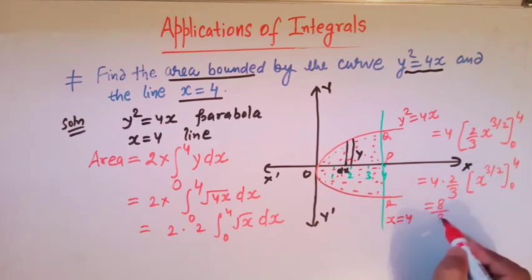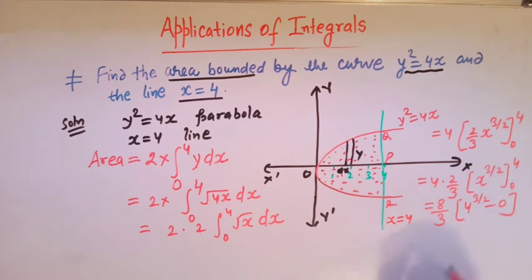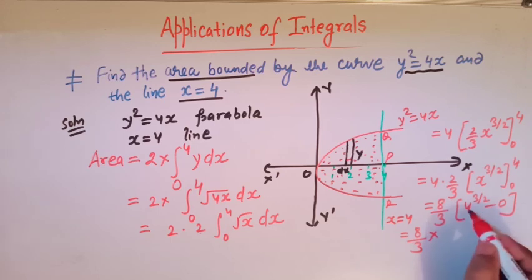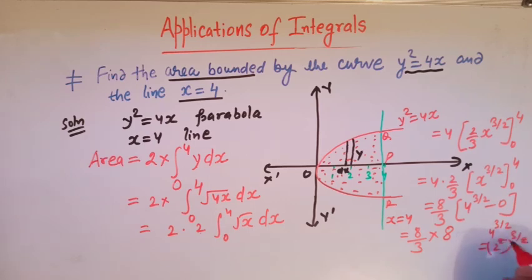This is 8 by 3, and we have 4 raised to 3 by 2 minus 0. Clear? And this can be simplified as 8 by 3 times 8, because 4 raised to 3 by 2 is 2 squared raised to 3 by 2, and the 2 gets cancelled, so we have 2 raised to 3, that is 8.